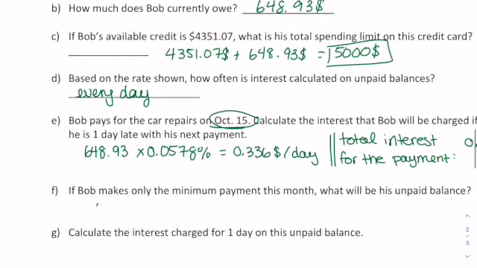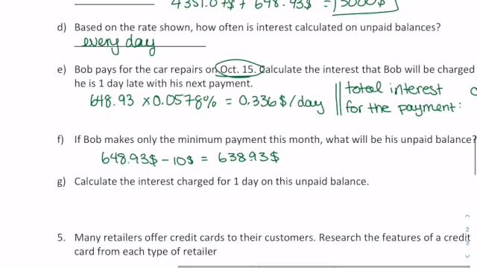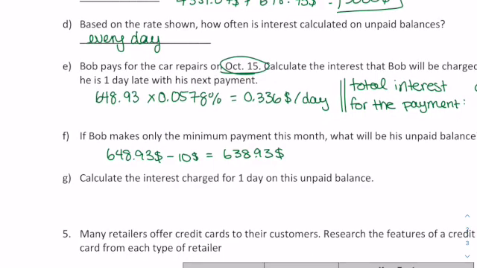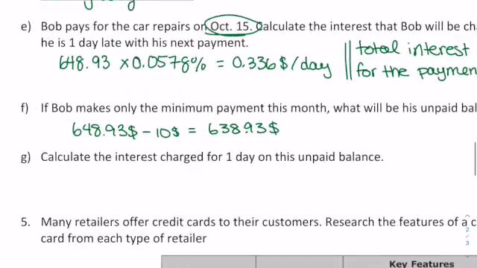So we had 648.93 minus the $10 is going to be 638.93. Now, we're going to calculate the interest charge for 1 day, just for 1 day on this unpaid balance. So not for the fact that he was late. So we're going to just do the first part of this here.